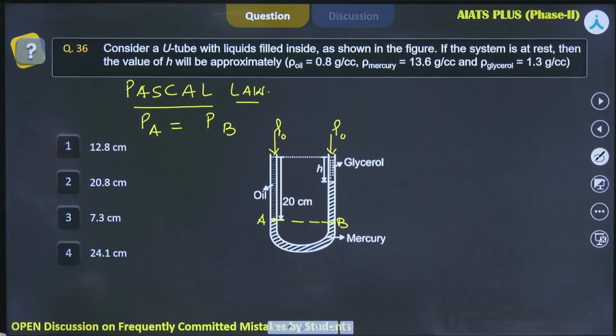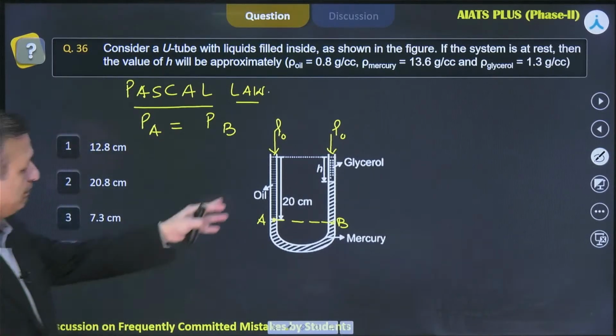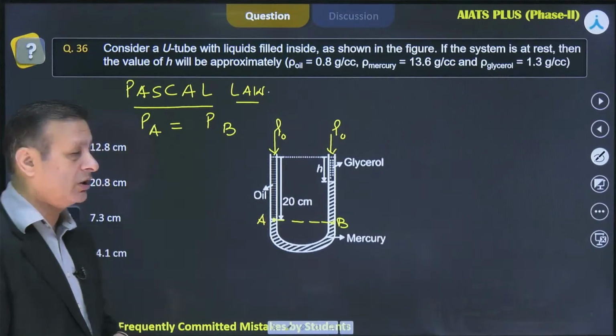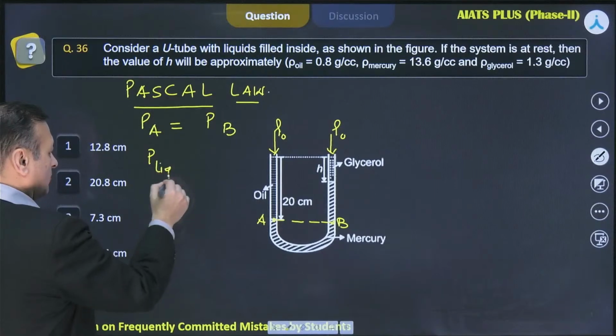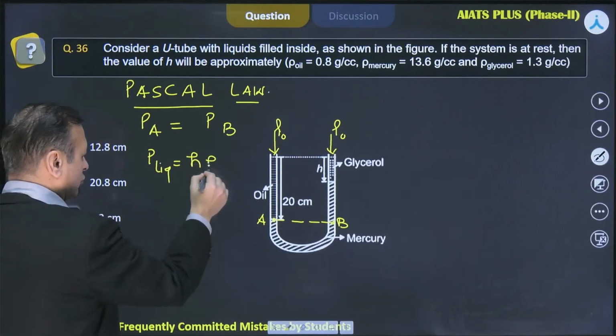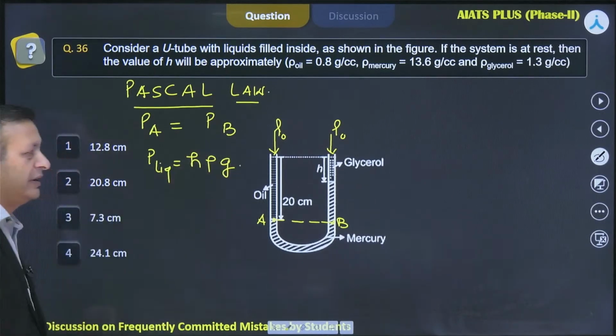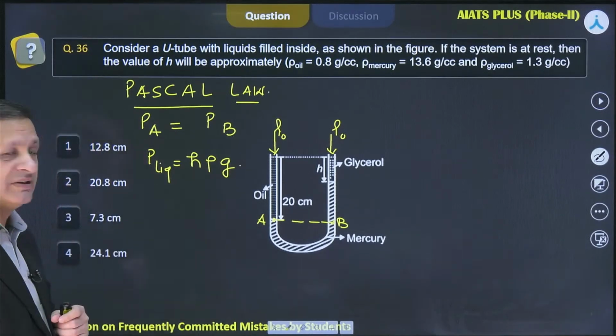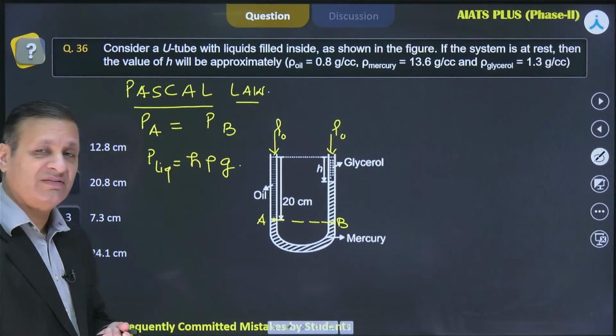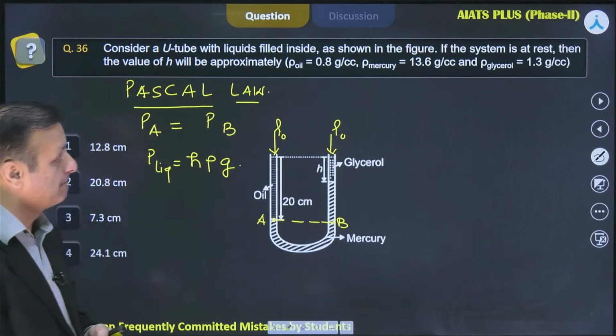Now look at the pressure exerted by the liquid column. We understand pressure exerted by a liquid column is given as H rho G, where H is the height of the column, rho is the density of the liquid, and G is your acceleration due to gravity.